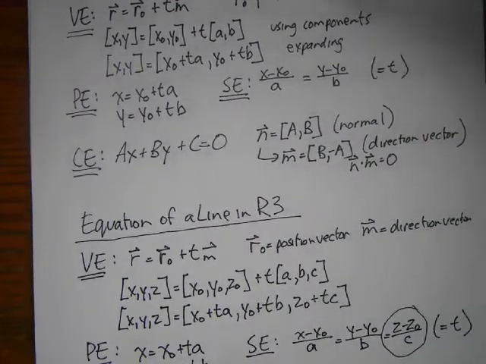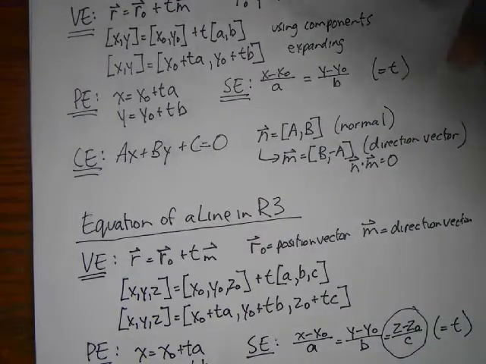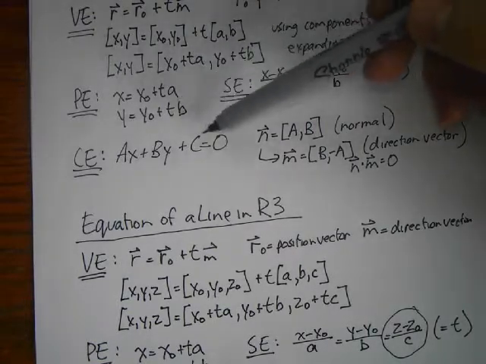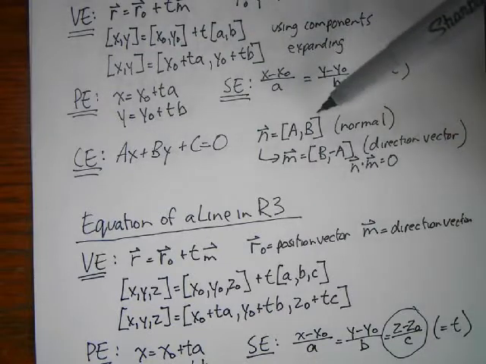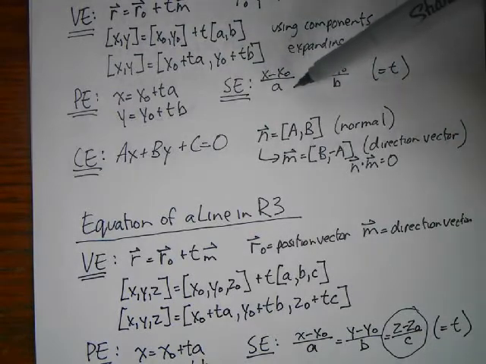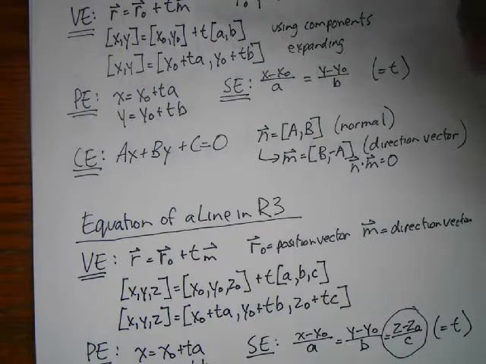The equation of the line in R2, since it's R2, you can tell from the equations because it just has X and Y components in any of the equations. You can tell it's not a plane. First of all, in R2, there are no planes. Well, there is one plane, which is the whole XY plane, but we don't consider planes in R2.